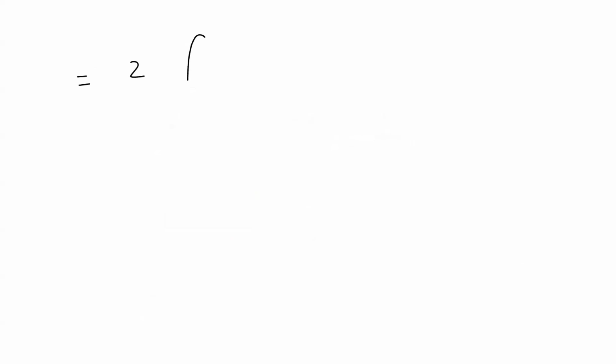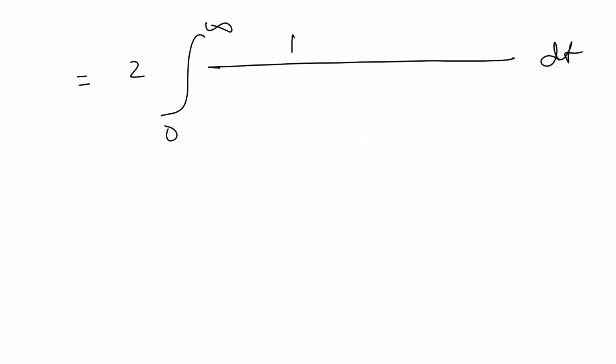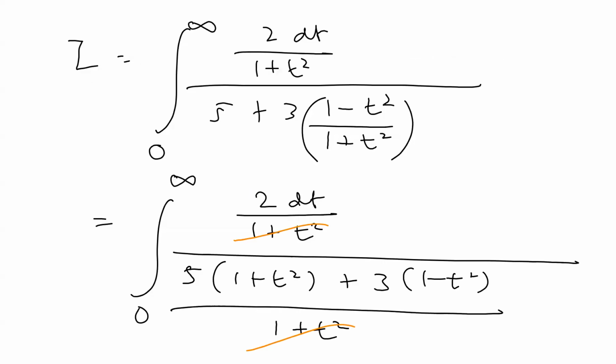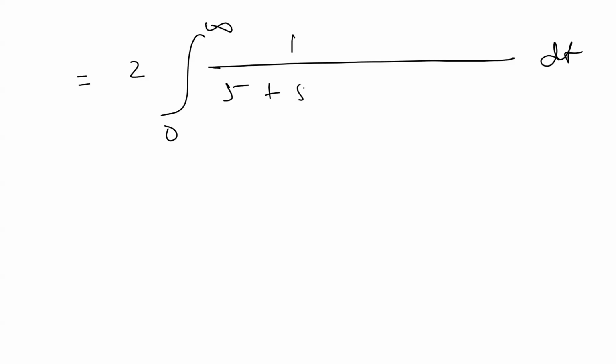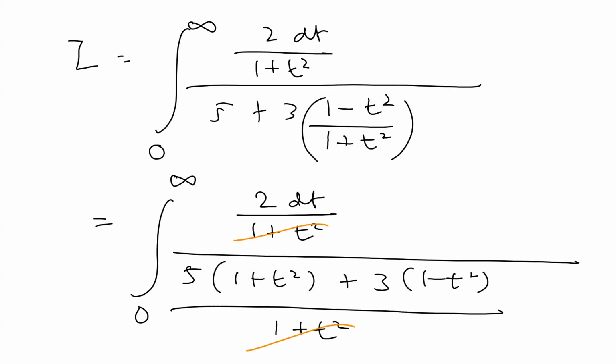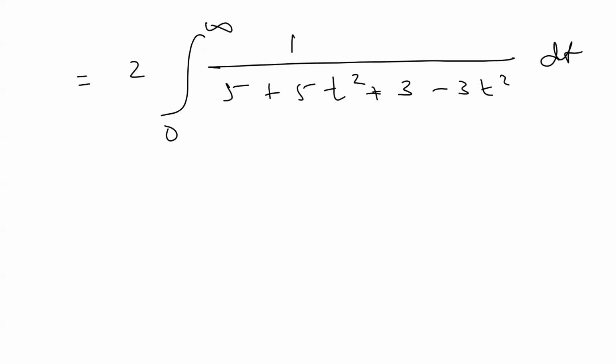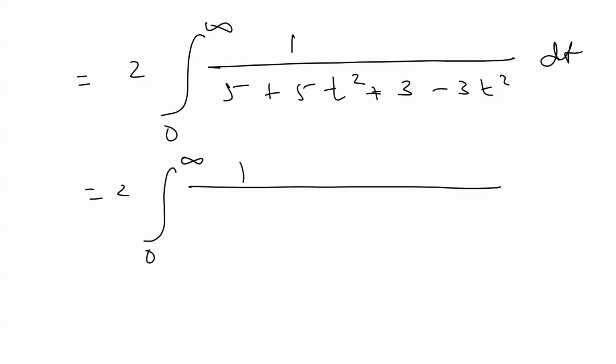So 2, 0 to infinity. And 5 plus 5t square plus 3 minus 3t square. Let me check once again. 2t square plus 8.